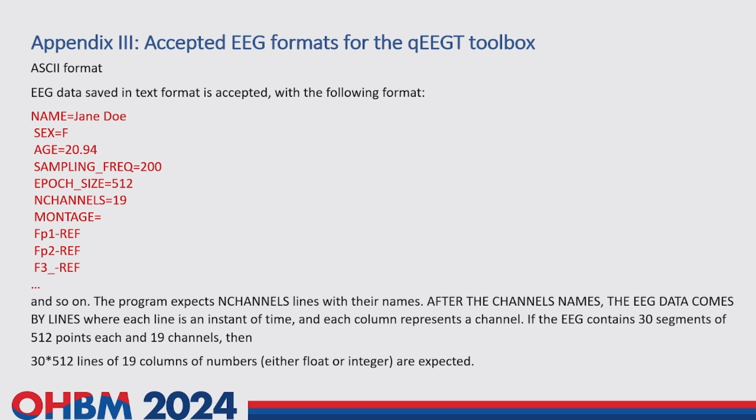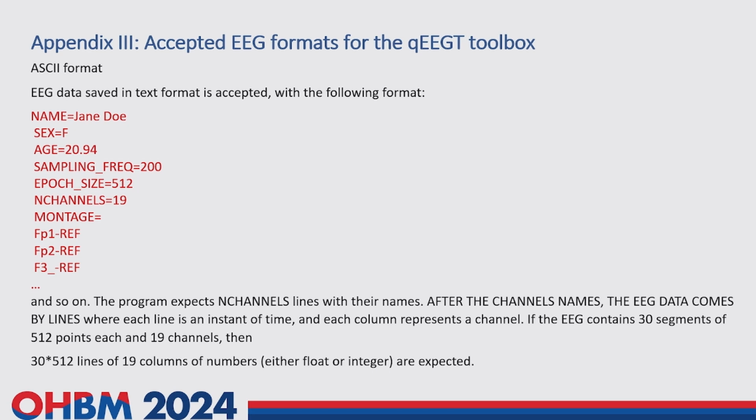And then the next step is that you need to process your data. But to process your data, the first thing you need to do is to prepare the data to be incorporated to CBRAIN, to be uploaded to CBRAIN. The qEEGT accepts 3 formats as input. One is the EEG BIDS format. Another one is the PLG format, the EEG data structure created by the Cuban EEG systems.